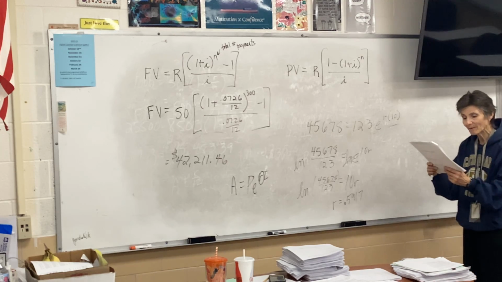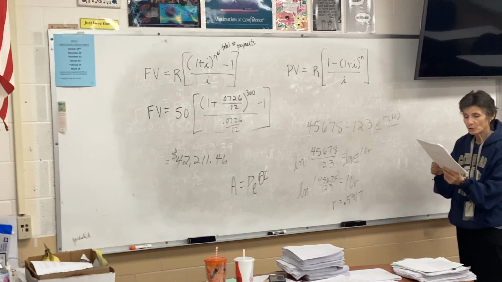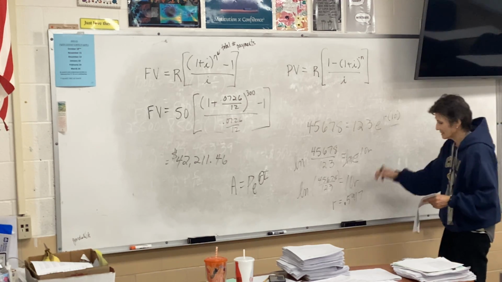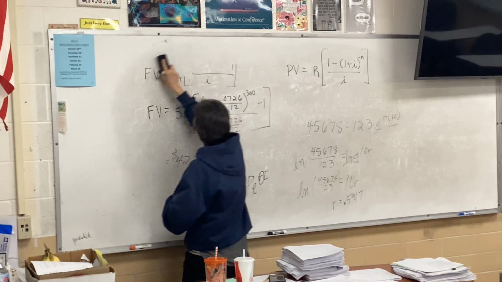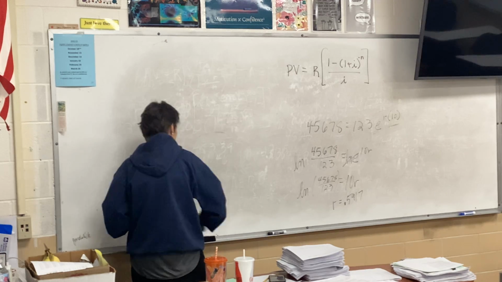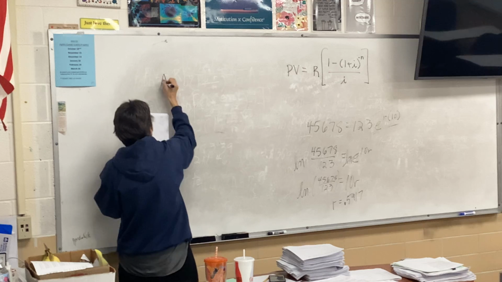Find the half-life of an element which decays from 2.4 grams. So I'm going to use my same formula. It's a natural growth. Now I know it's decay, but decay is negative growth, so it doesn't matter. We're good.